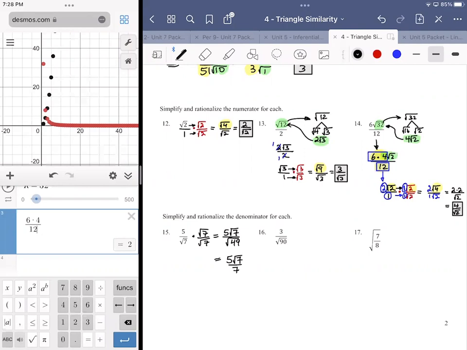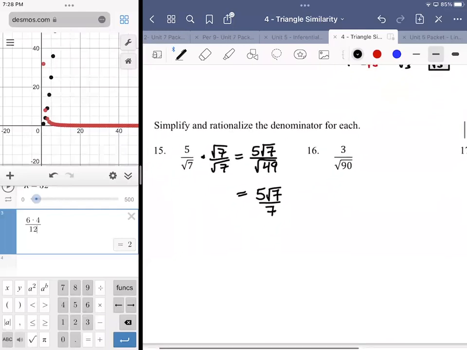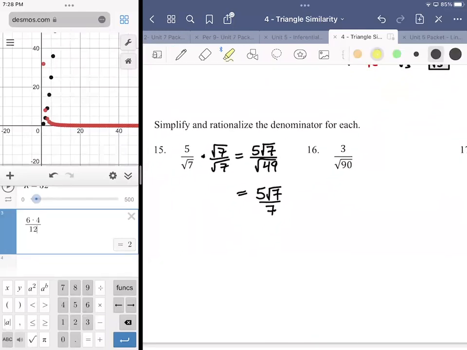You can multiply top and bottom of a fraction by whatever non-zero value that you want. Right? As long as you don't multiply top and bottom of a fraction by 0, you're good. Right? So if I wanted to, I could multiply top and bottom by rad 90. But then I'd still have a rad 90 in there that I would have to break down. I just find that it's a little easier to break down the radical before you get started on anything else.